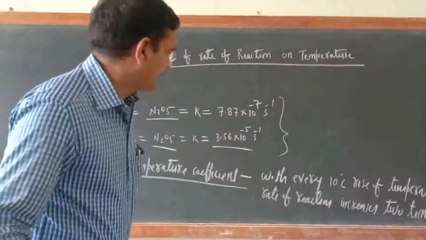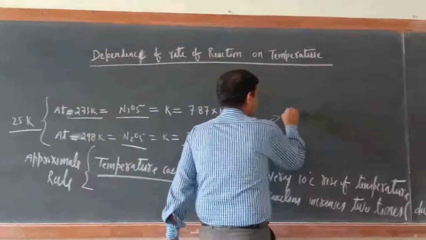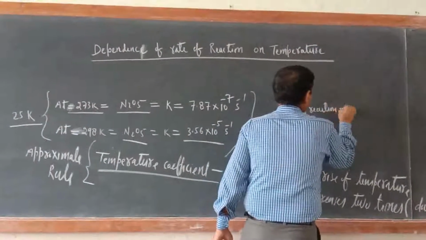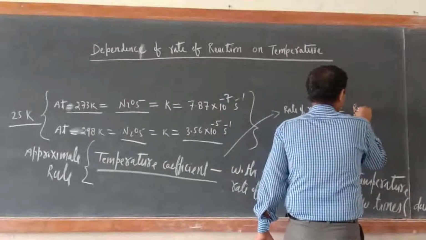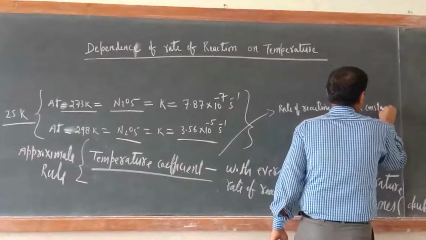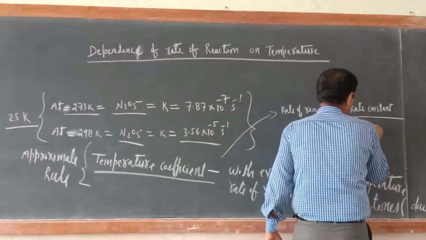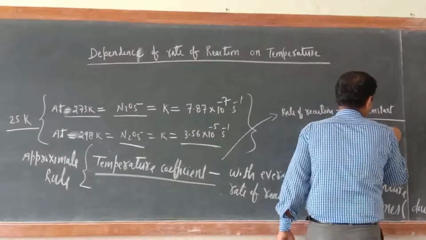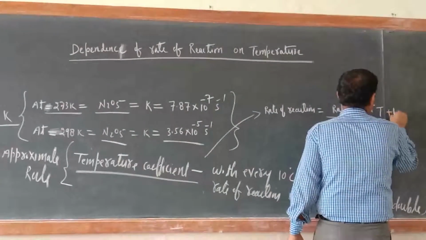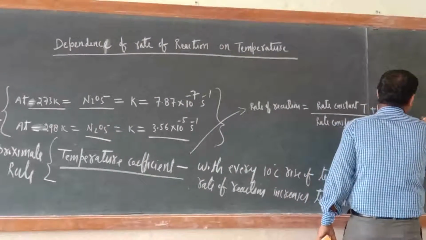This temperature coefficient can be written like that also. Rate of reaction equal to rate constant at T temperature divided by rate constant at T plus 10, that is equal to 2 times.